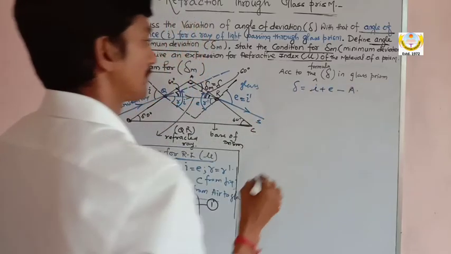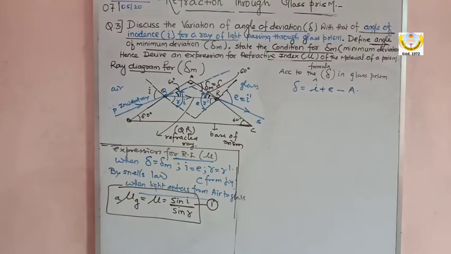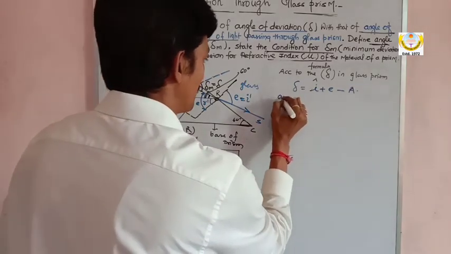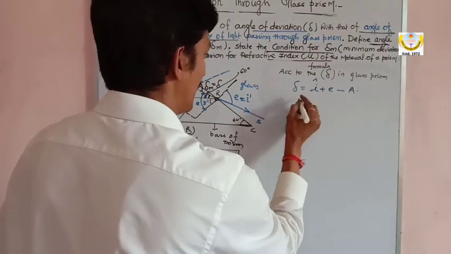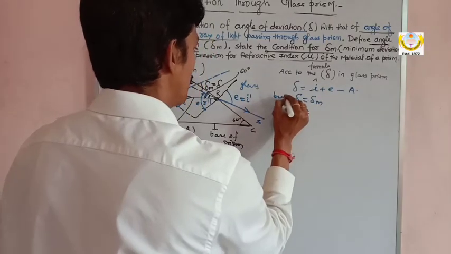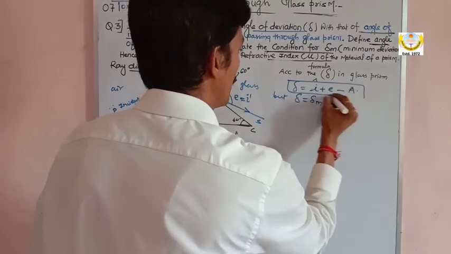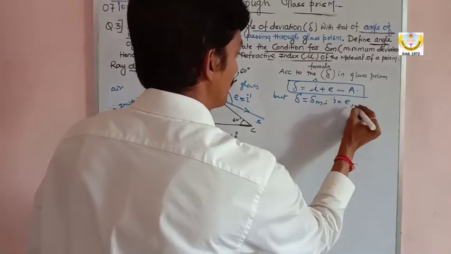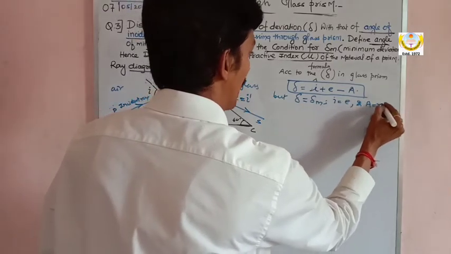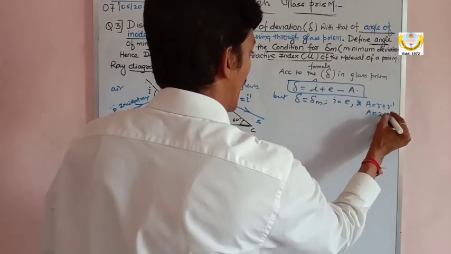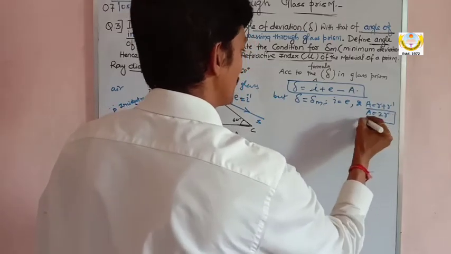You all know delta is equal to I plus E minus A. But now, delta is equal to delta M. When delta is equal to delta M, I is equal to E and A is equal to R plus R dash, which now becomes A is equal to 2R.